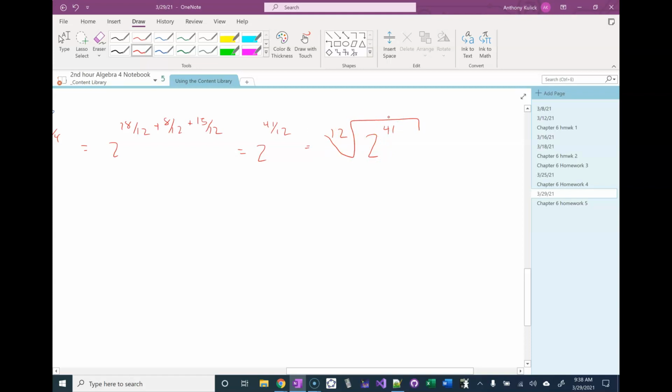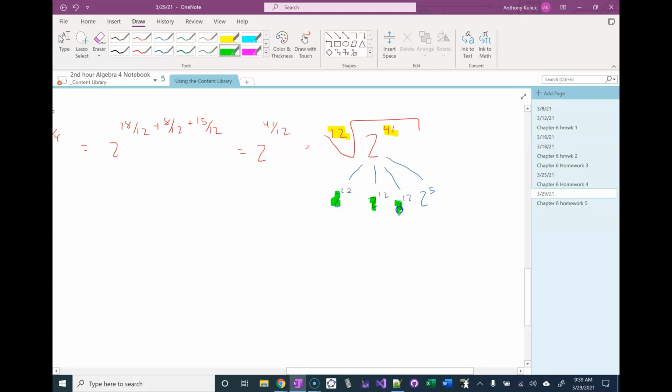But I have a little bit of a problem here, because I notice that my exponent is bigger than my index. That tells me that there's some reducing I can do. So I'm going to break up those 41 2's into packets of 12. So I can get 3 packets of 12, that's 36. And that leaves me 5 leftovers.